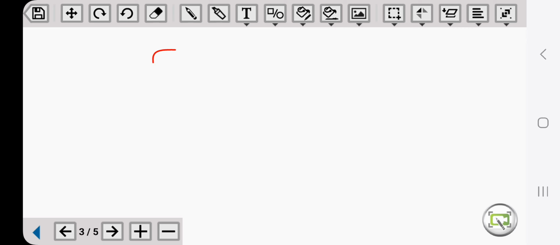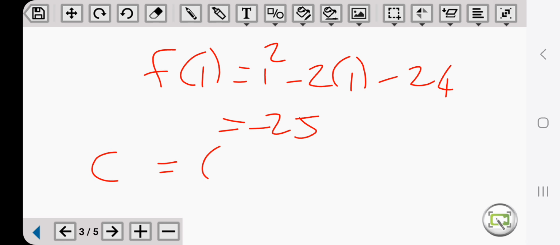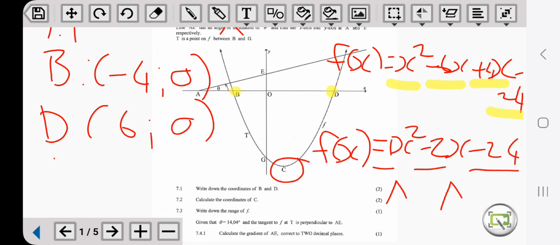All right, so f(1) is equal to 1 squared minus 2 times 1 minus 24, and that is equal to -25. Therefore, C's coordinates will be (1; -25). Let's look at the next.